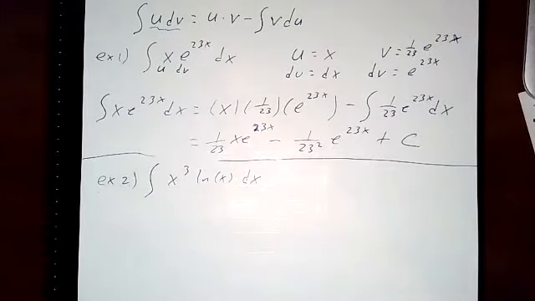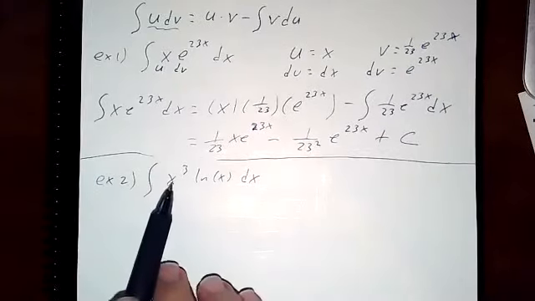So what do you guys think should be u, and what should be dv? Usually that's the right choice because you want x cubed to disappear with derivatives.